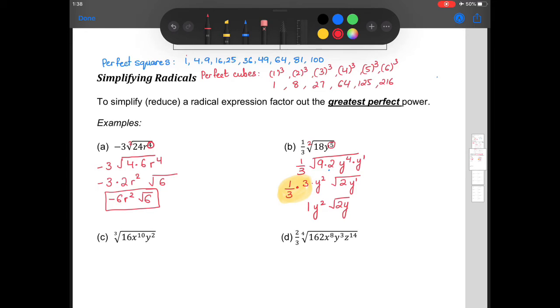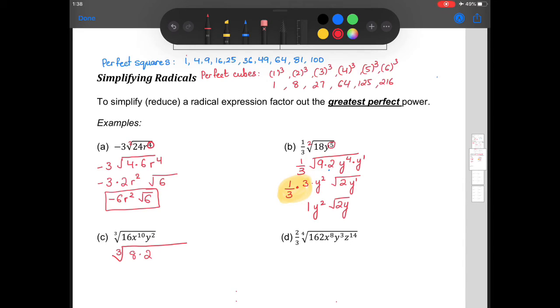So half of 16 is 8, and 8 is a perfect cube, right? 2 cubed is 8. So I'm going to rewrite this as cube root. I would say when you're writing the root, please make it smaller than the other number so it's easier for you to identify. This would be 8 times 2, right?